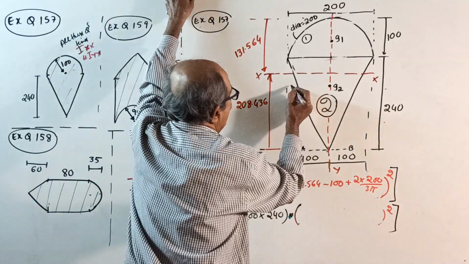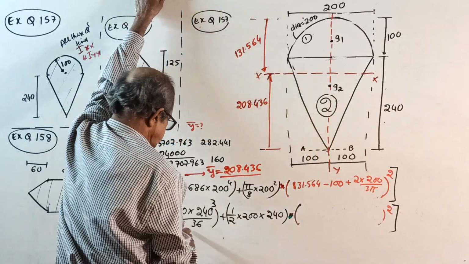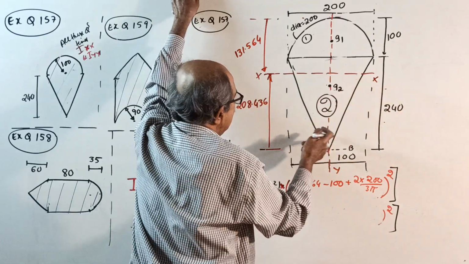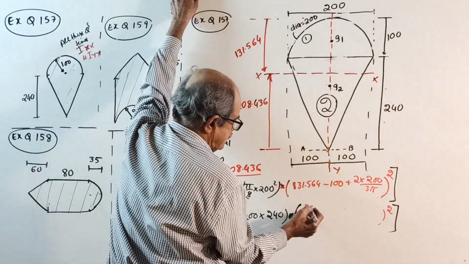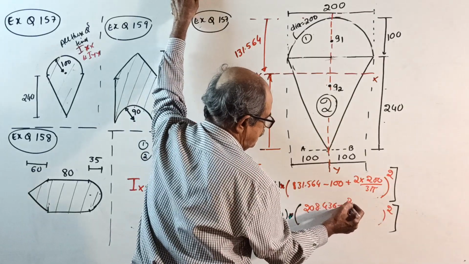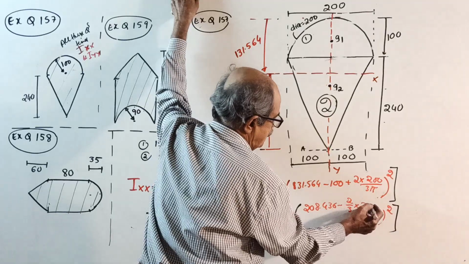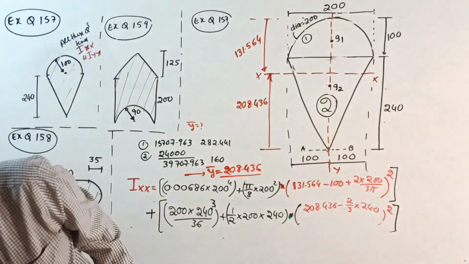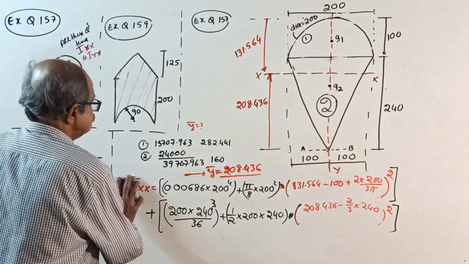This one, I about centroidal axis, IG, plus area into this distance square is 208.436 minus 2 by 3 of 240 whole square. This will give I about XX. Calculate.